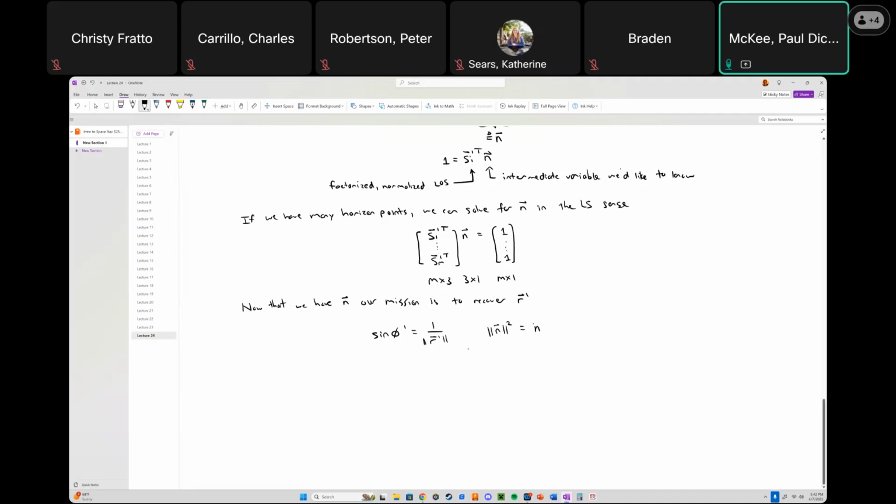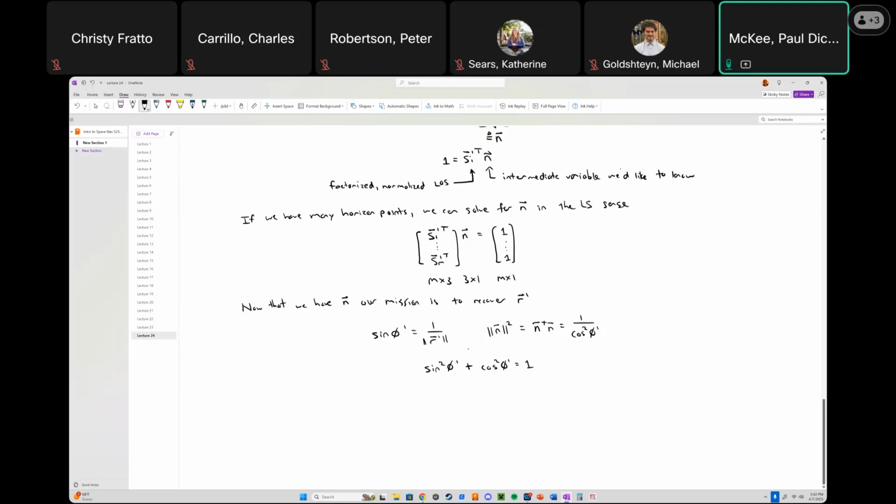Which is n transpose n, which if you work out the equation is going to be 1 over cosine squared of phi prime. Okay, and also remember the fundamental trig identity, right? Sine squared theta plus cosine squared theta equals 1.